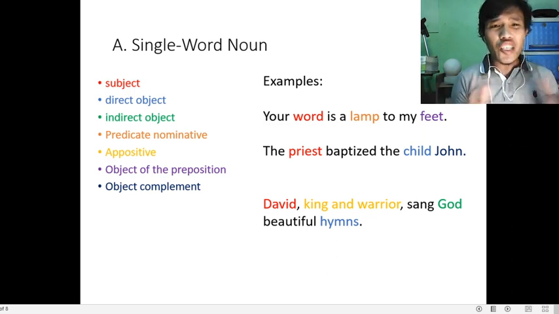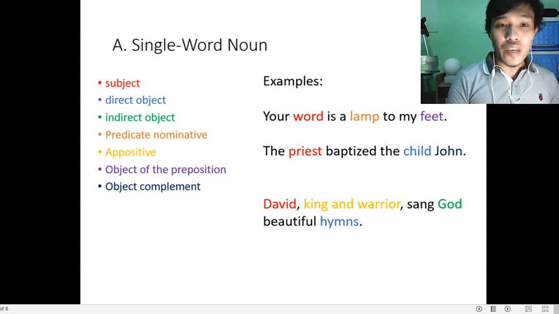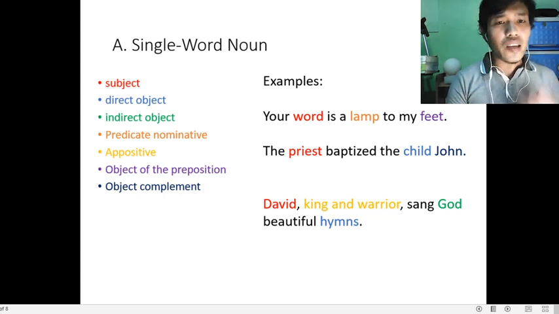You just need to familiarize yourselves with the different functions of nouns so that you will understand the other structures of nouns. Again, it can be the subject, the direct object, the indirect object, an appositive, the object of the preposition, the object complement, and lastly, the predicate nominative.